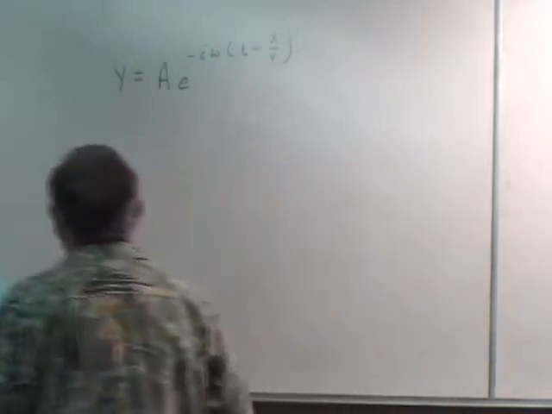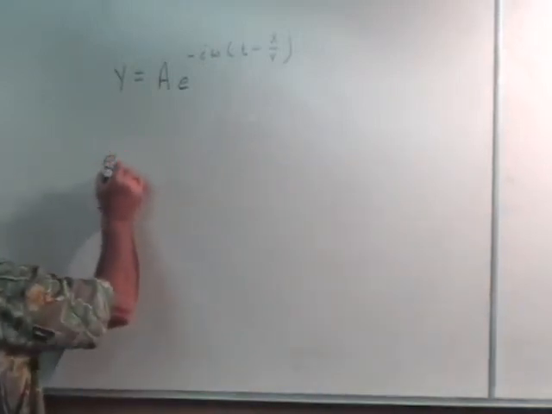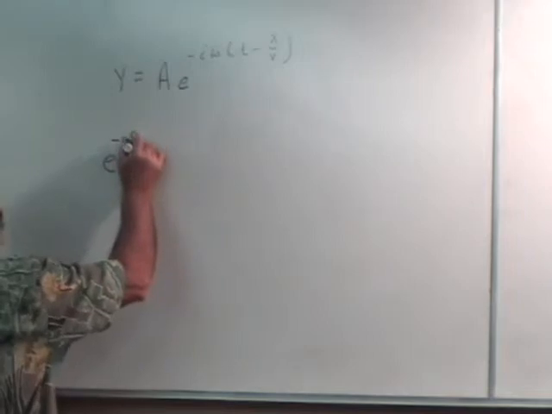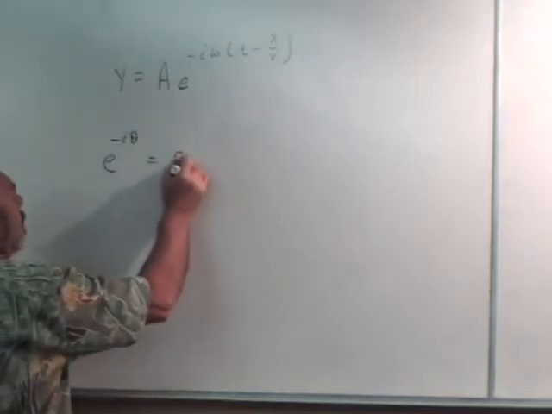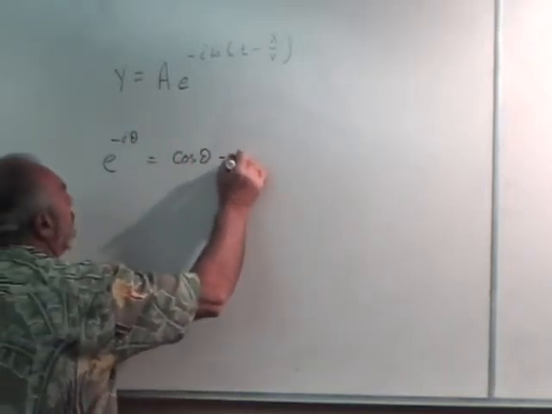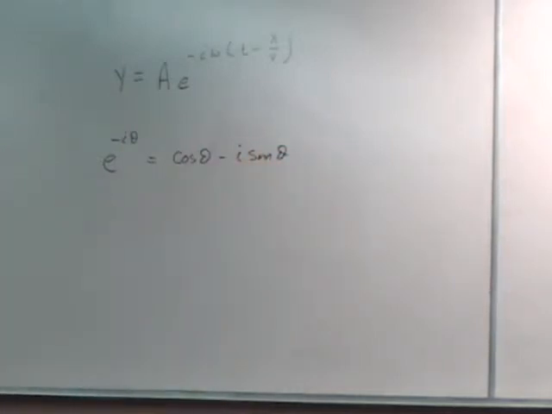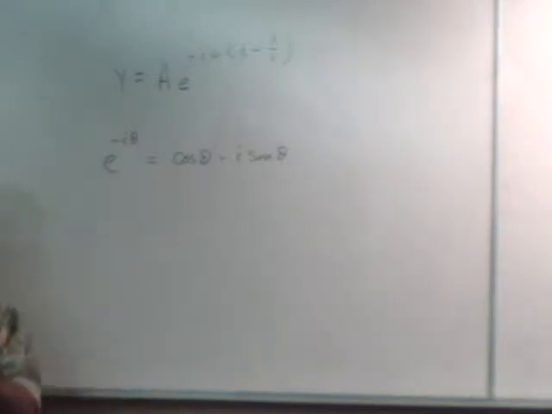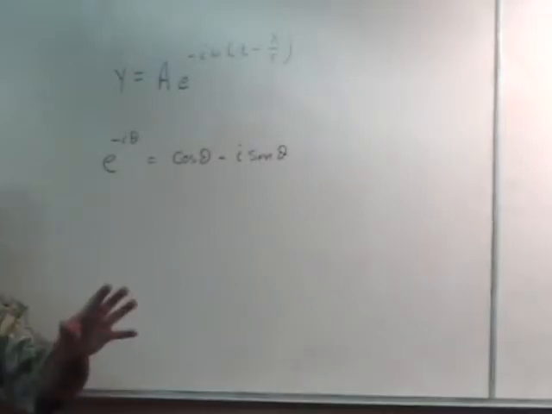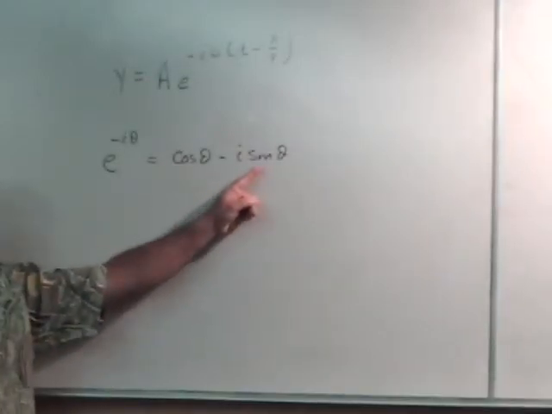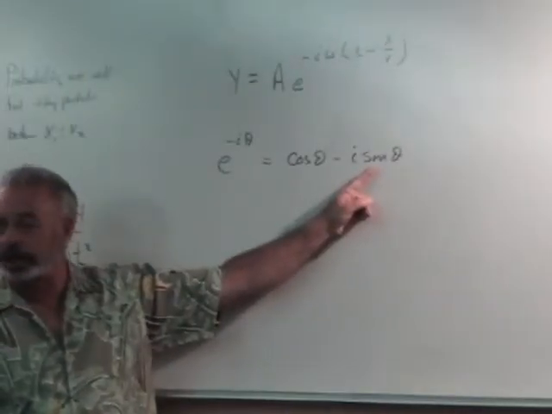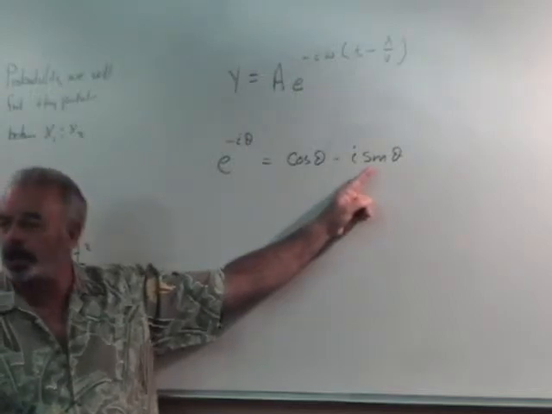But please recall that e to the minus i theta is cosine theta minus i sine theta. You probably remember that from trigonometry. And of course, when we were talking about real strings, like a string on a guitar or something like that, we would just ignore the imaginary part because we're talking about a real string. There's no imaginary part that we're going to measure.